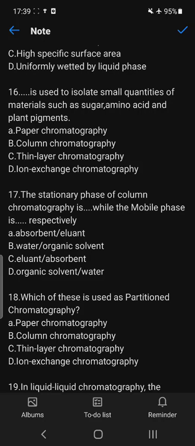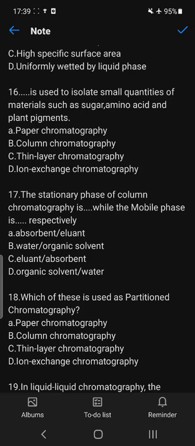Note that paper chromatography is also called liquid chromatography because the stationary phase is water while the mobile phase is organic solvent. Please take note of that. And paper chromatography is also called partition chromatography.